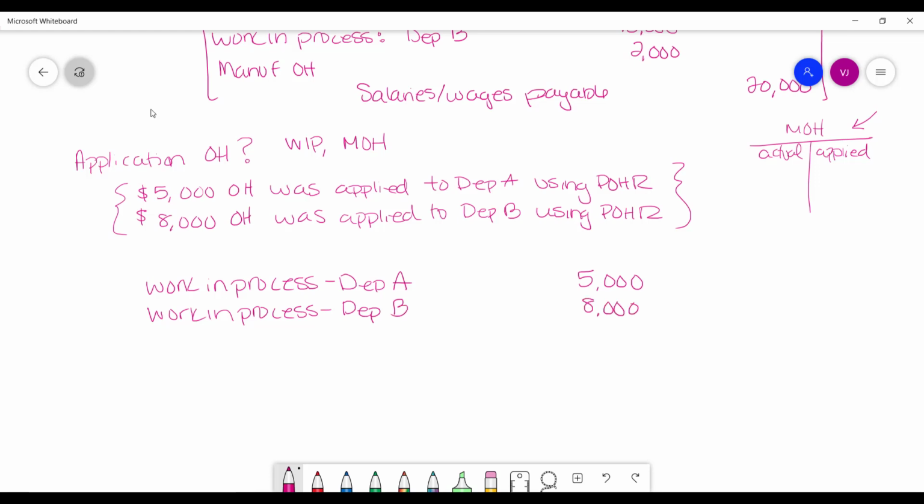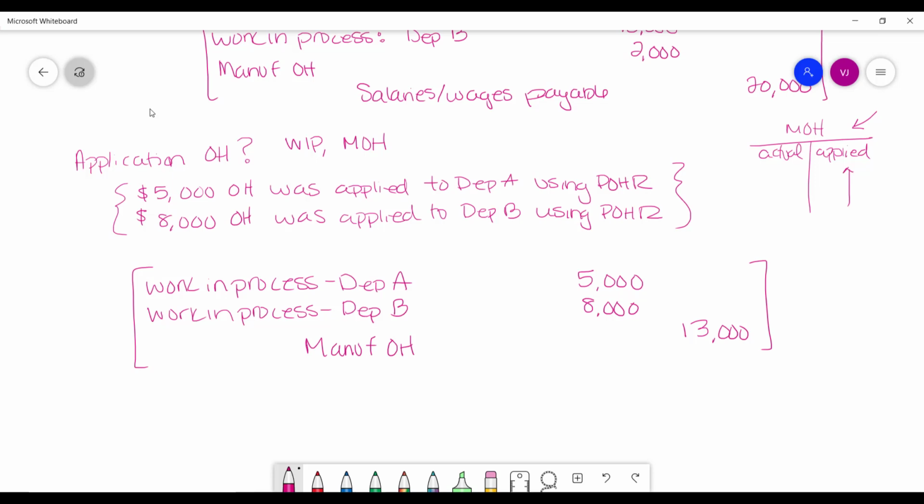And then we're going to overall credit manufacturing overhead for $13,000 for the total between those two. Because remember, whenever you credit that account, that means you are applying overhead. So it's clear to see here that the entries so far don't really look that much different. We just have this extra work in process account thrown into the mix that we just need to make sure that we're keeping up to date.